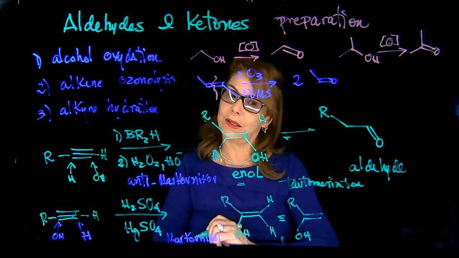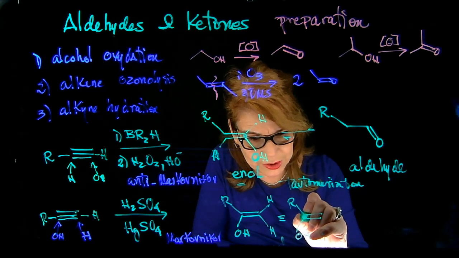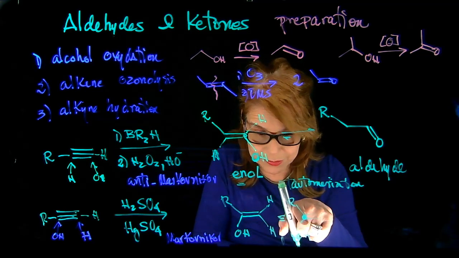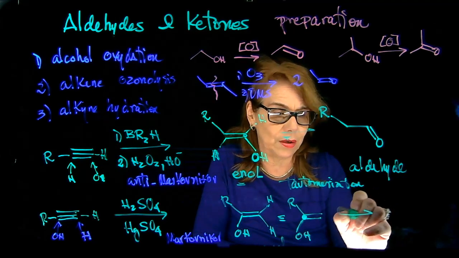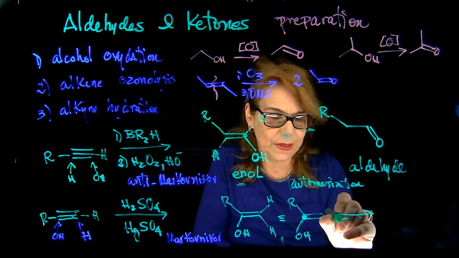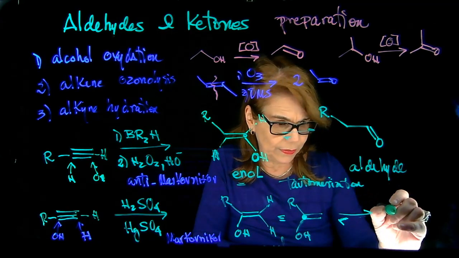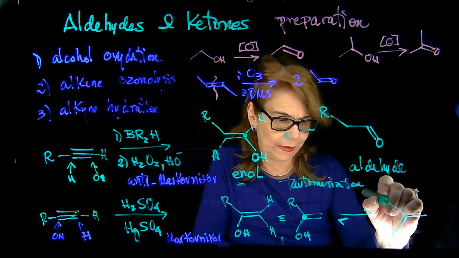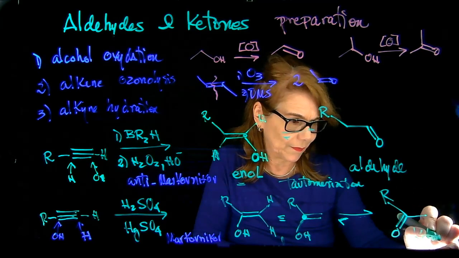This is another enol. But notice that this time the oxygen is not at the terminal carbon. It is in the inner carbon that has the R. For that reason, this will tautomerize, and the equilibrium is shifted to the keto form. So you will put the double bond oxygen here, and that's a methyl, and that's an R. So that is a ketone.